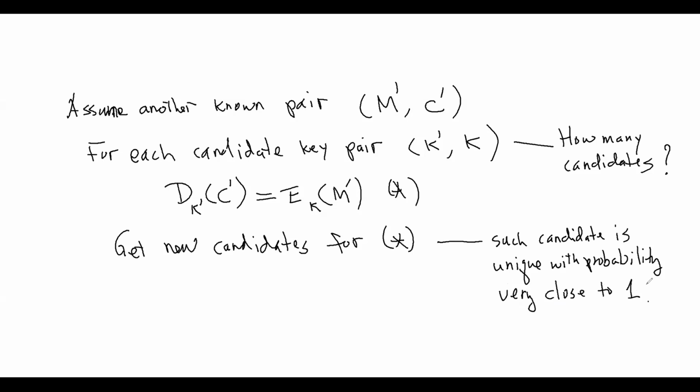Hence, with a large probability we find this pair of keys, okay, with two known pairs M and C.